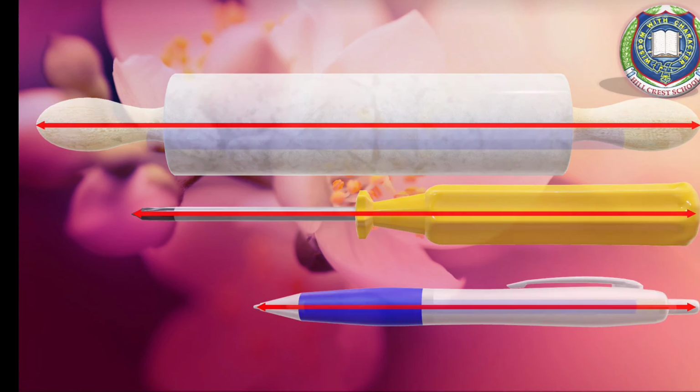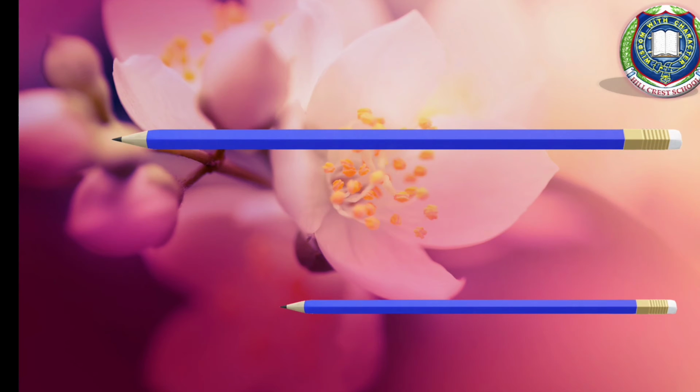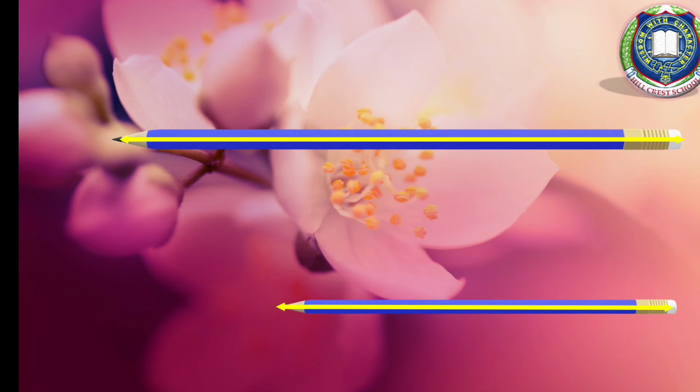Now I want you to look at the second picture here. We have one pencil on top and another pencil at the bottom. Which pencil here is longer and which one is shorter? We have to do the same thing again. We have to measure the length from one end to the other end. So now we will measure this pencil. This is the line that we get, and this is the line that we get from the pencil down below.